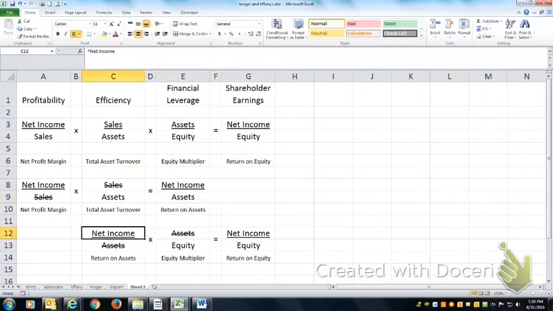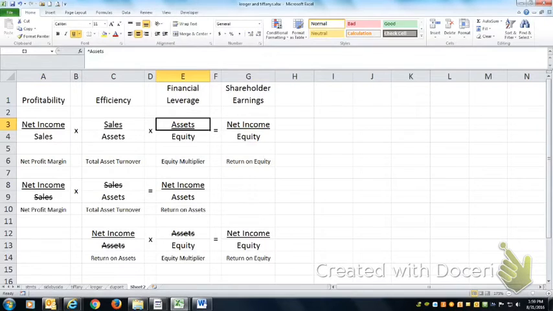If you take the return on assets and then multiply it by the equity multiplier, assets per dollar of equity, that gives you the return on equity, net income per dollar of shareholder supplied funds. Okay, so the breakdown is intended to measure how you got to return on equity by looking separately at profitability, efficiency, and financial leverage.